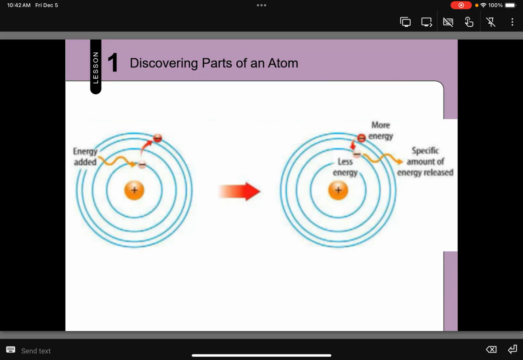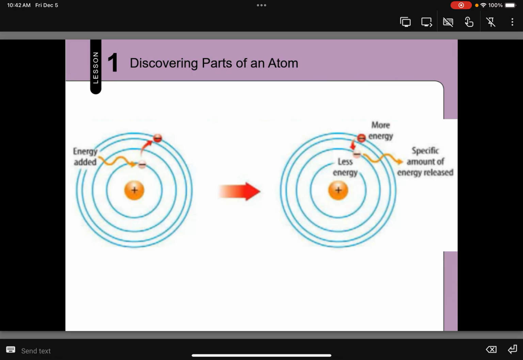But once we cut off the energy, that electron can move back down to an energy level that has less energy, and the excess energy gets emitted as light.